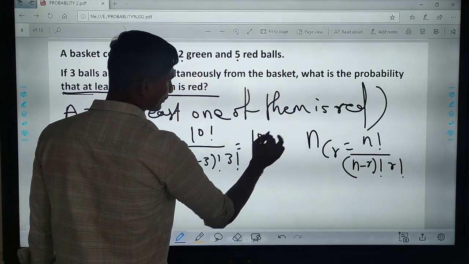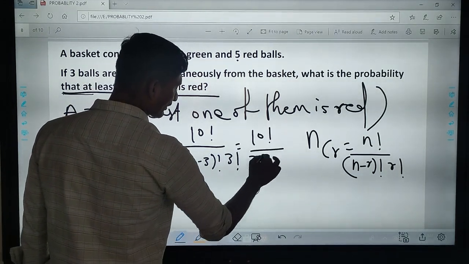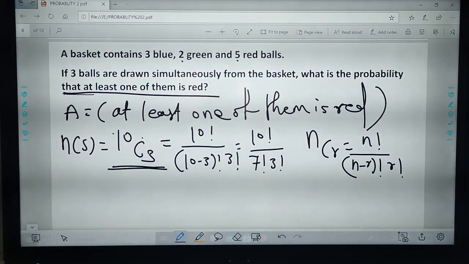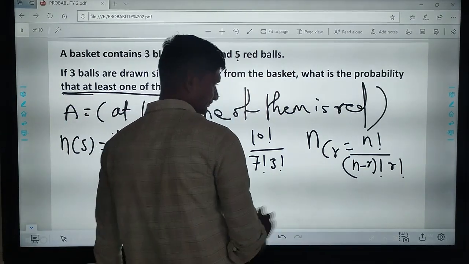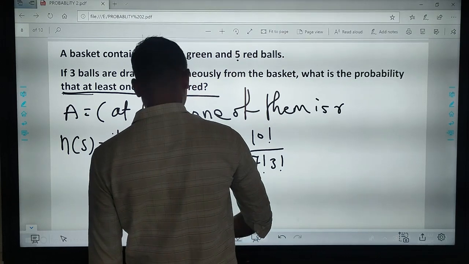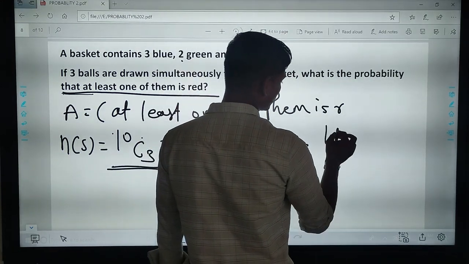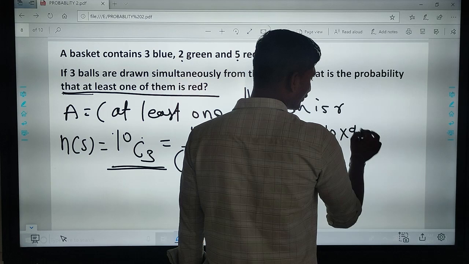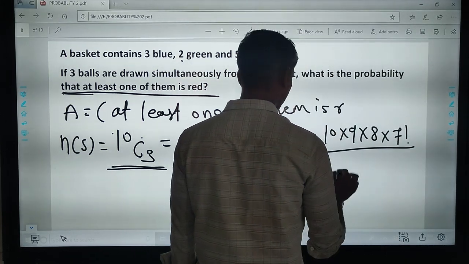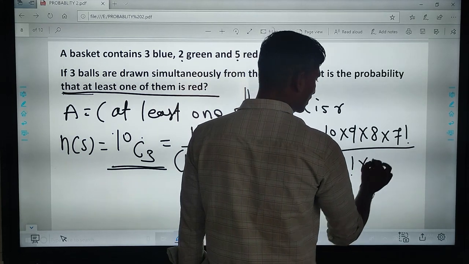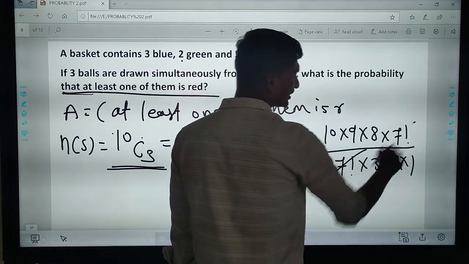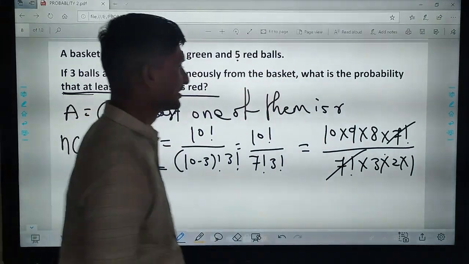Now 10 factorial divided by 7 factorial into 3 factorial. n of S is equal to 10 into 9 into 8 into 7 factorial, divided by 7 factorial into 3 into 2 into 1. 7 factorial gets cancelled.